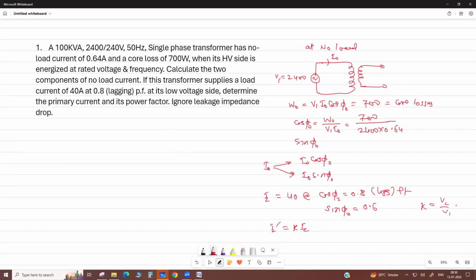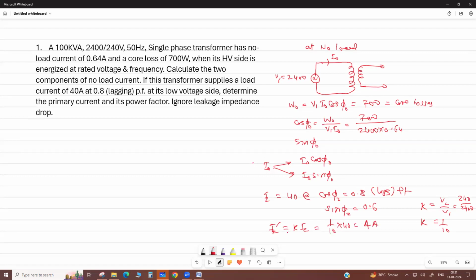V2 by V1 equals to 1/10, K equals to 1/10 होगा। What is the I2 dash? 1/10 into 40, 4 ampere आया, 4 ampere.